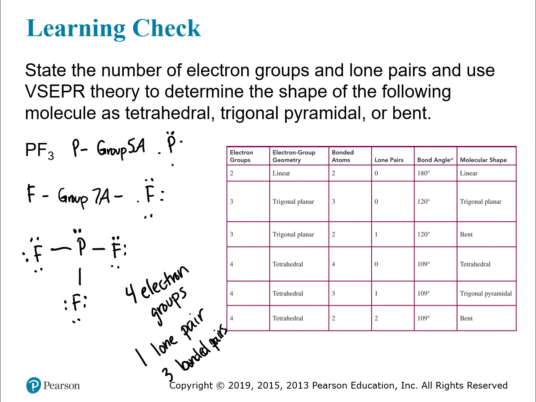Then you're going to look at your chart, or if you use your flashcards, you're going to figure out, okay, I've got 4 groups. Three of them are bonded, 1 is a lone pair. So that's tetrahedral.